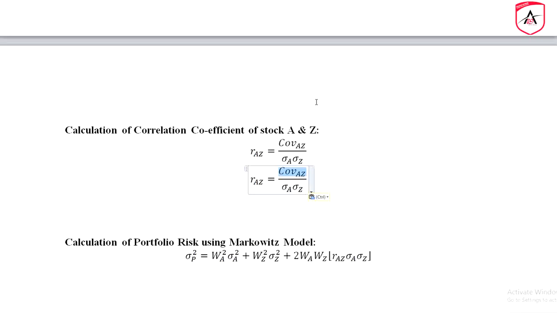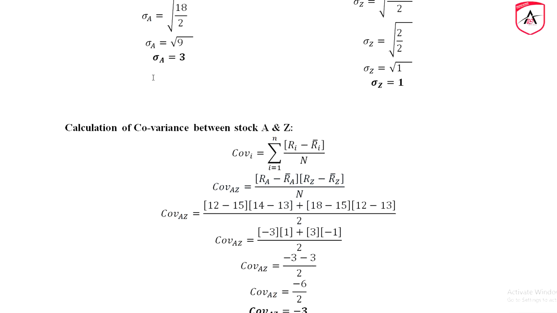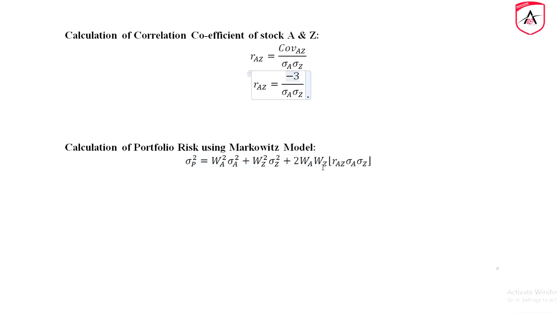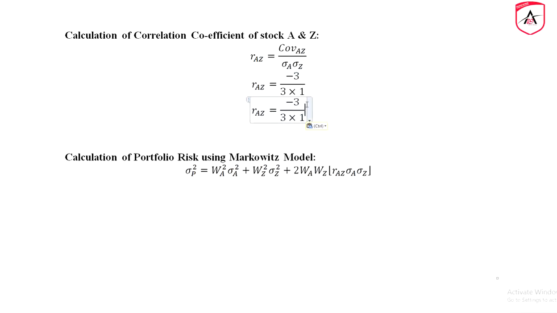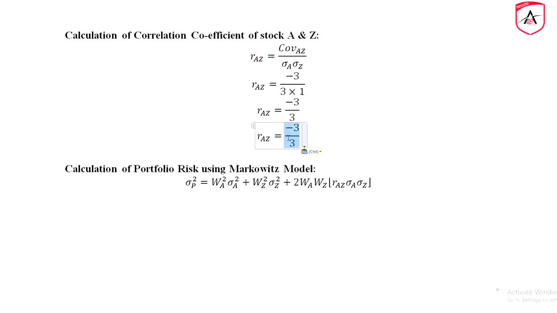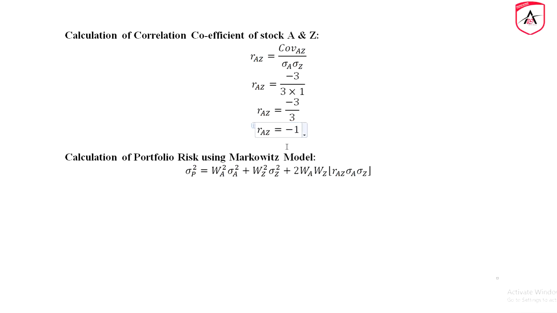Covariance of A and Z, minus 3, just now found out, divided by standard deviation A into standard deviation Z. We have found out 3 and 1. 3 into 1 is 3, and if you divide this, minus 3 divided by 3 is minus 1.